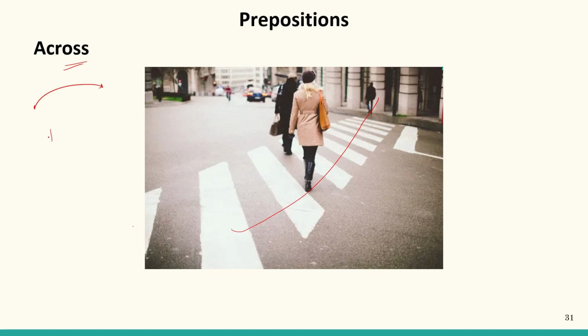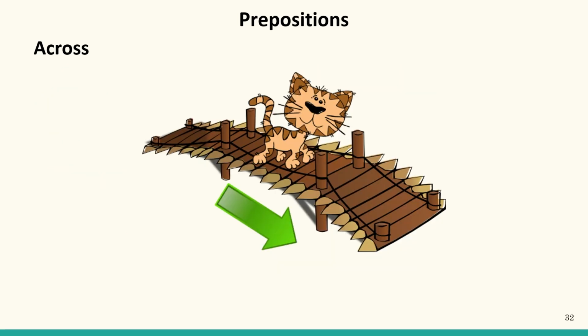We can say he went across the road to meet her. So this is the use of across. For example, you can see this cat. She is running across the bridge, or she is going across the bridge. So this is also used as across.